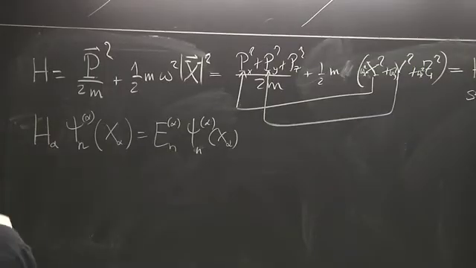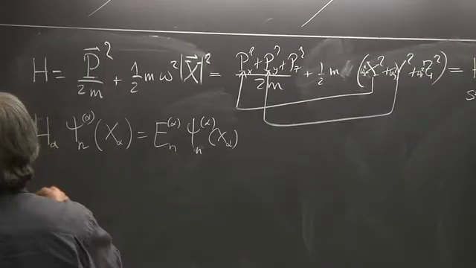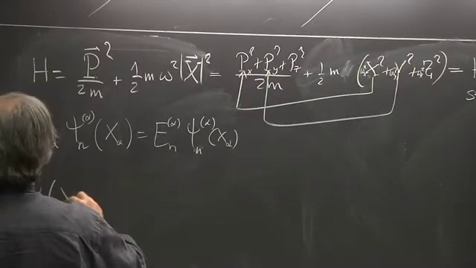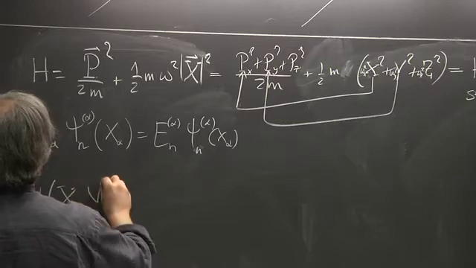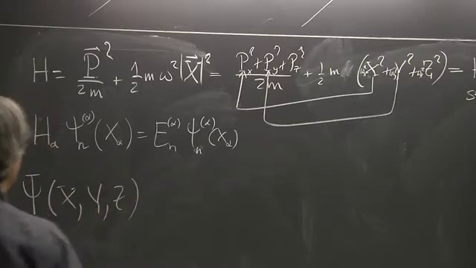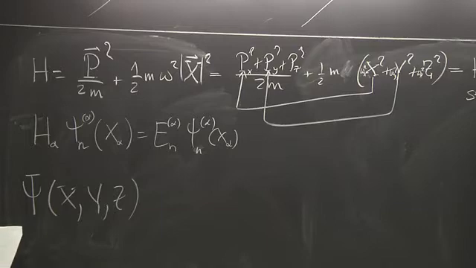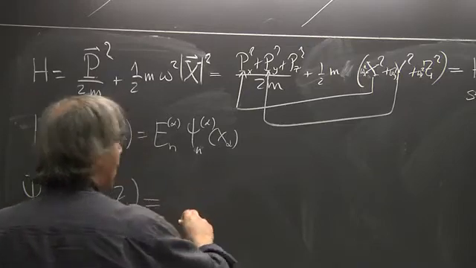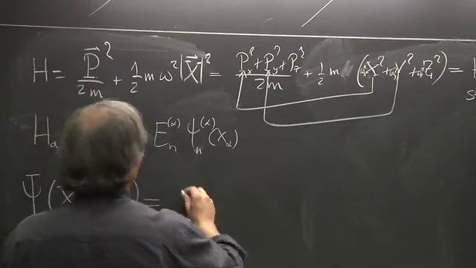How can I write a wave function now, psi, for the full problem, so x, y, and z? That is my question. And the thing I want to prove is the following, that you can essentially write this as a product of the three separate problems.